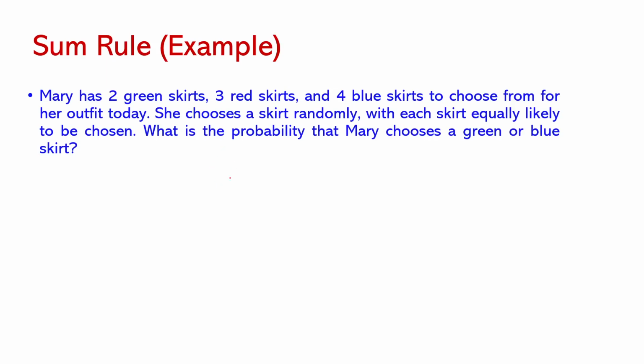So, let us see an example problem. Let us try to understand what is sum rule with an example. Mary has two green skirts, 3 red skirts and 4 blue skirts to choose from for her outfit today. She wants to choose one skirt.